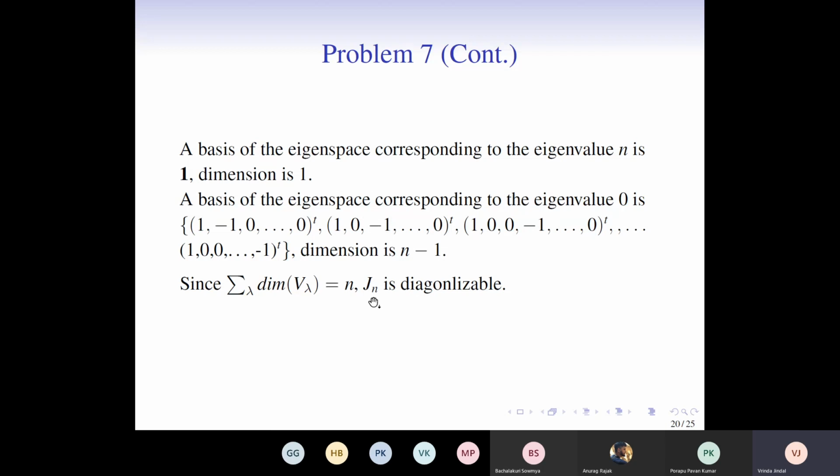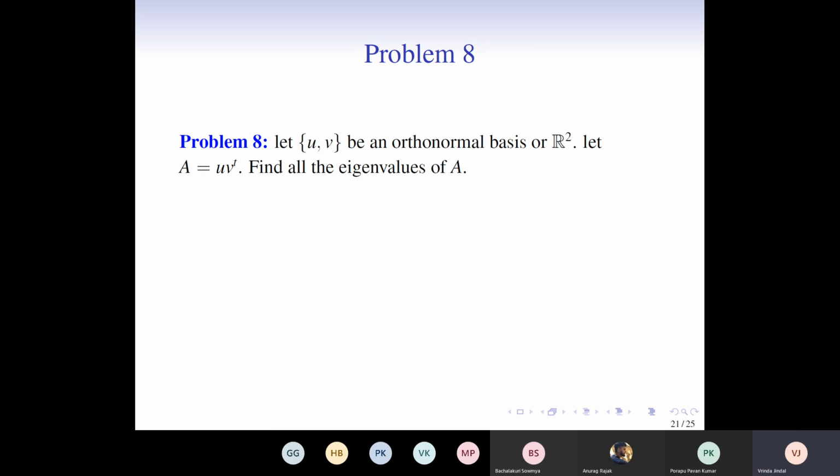And for our matrix Jn, we have shown that the sum of the dimensions of the eigenspaces is indeed 1 plus n minus 1, which is n. So Jn is diagonalizable. That was question number 7. Okay, I don't see any doubts, so I'll move on to the next question.